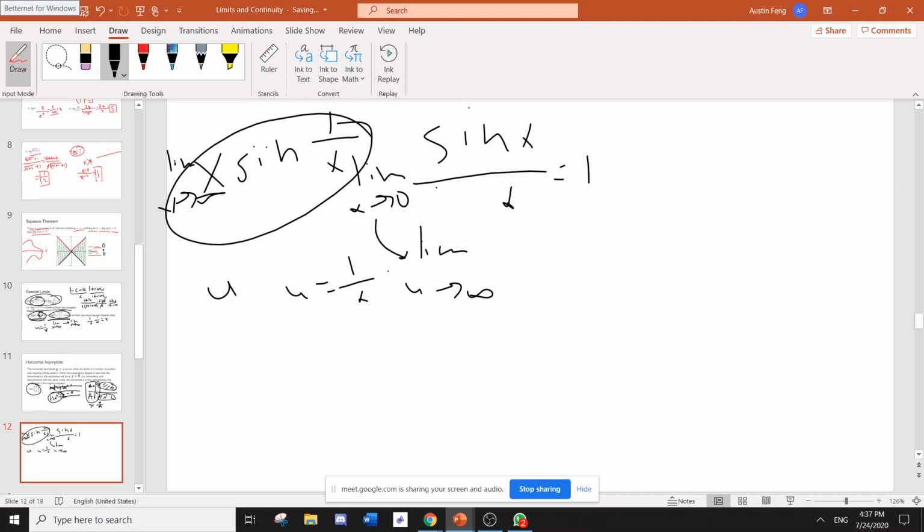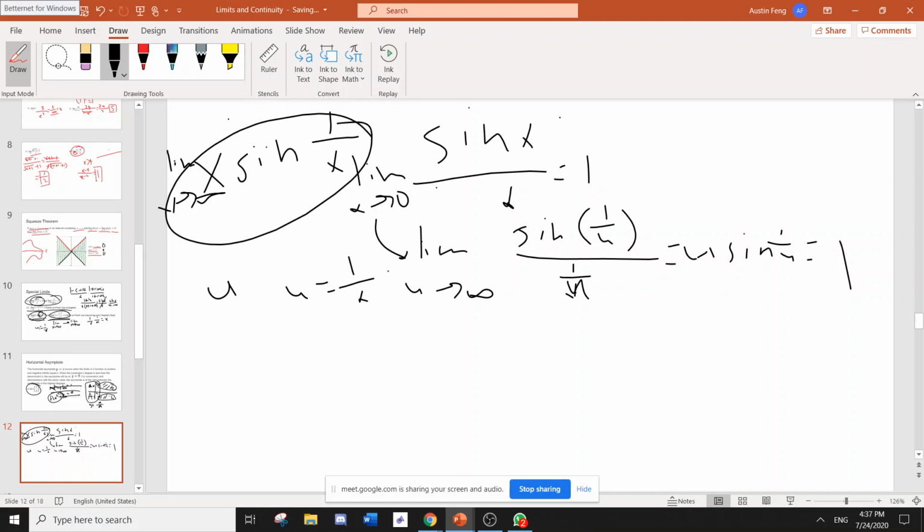And then sine x over x is sine of 1 over u over 1 over u, which is u sine 1 over u. So we proved that these two limits are the same. So we see that x sine 1 over x should also equal 1.